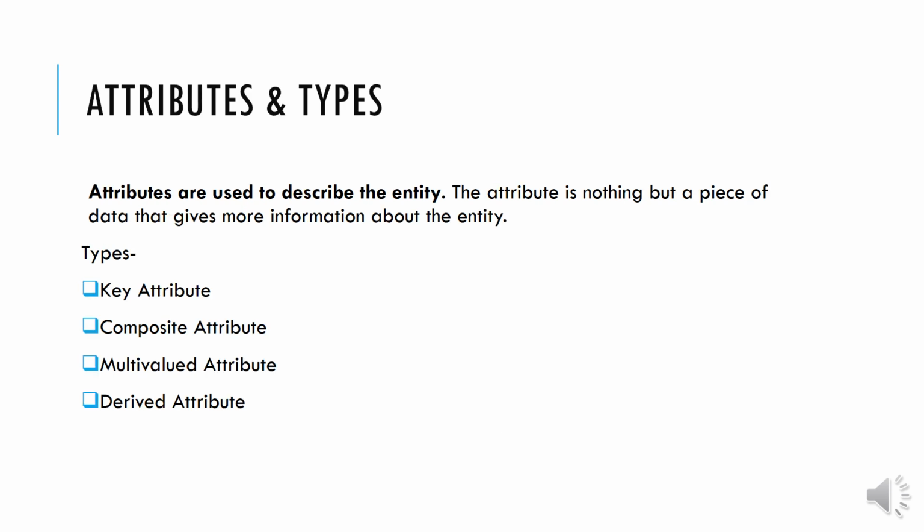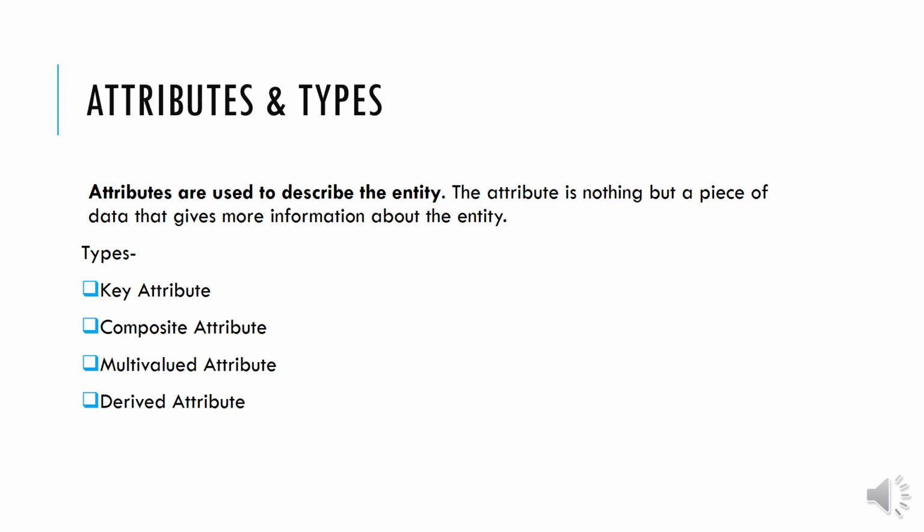Next is the attribute. An entity is represented by a set of attributes. Attributes are used to describe the entity. Attributes are descriptive properties possessed by each member of an entity set. There are different types of attributes which we can use in making ERD diagrams.